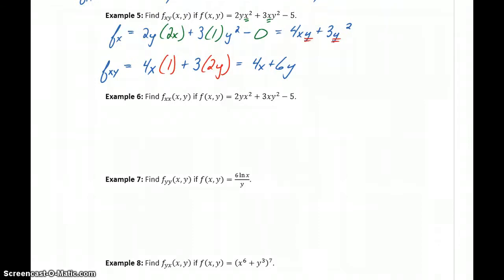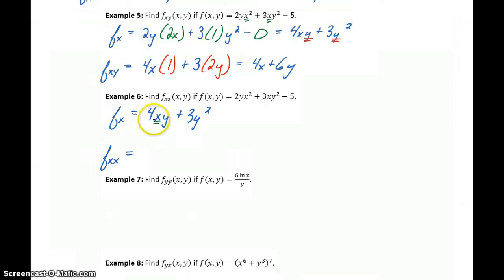So in example 6, we have the same function again, but now we want to find f sub xx. So we already have f sub x, the derivative with respect to x, is 4xy plus 3y squared, and now we want to find the second partial derivative of this, or the derivative of this partial derivative with respect to x.